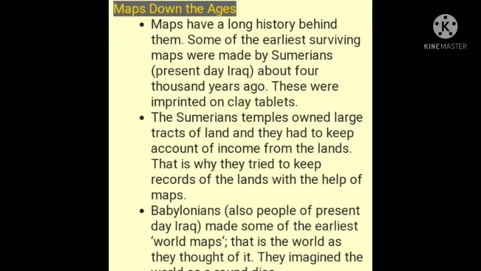About 4000 years ago, these were imprinted on clay tablets. The Sumerians' temples owned large tracts of land, and they had to keep account of income from the lands. That is why they tried to keep records of the lands with the help of maps.